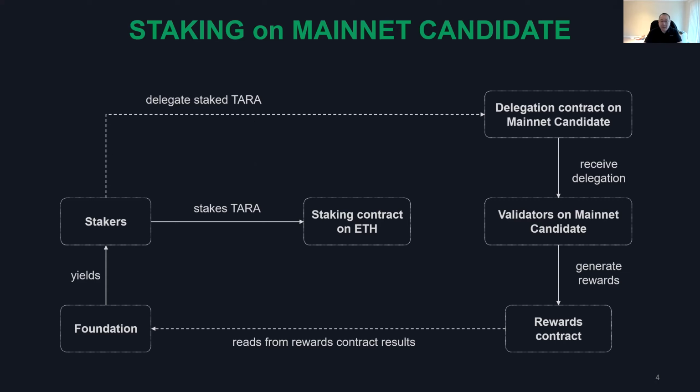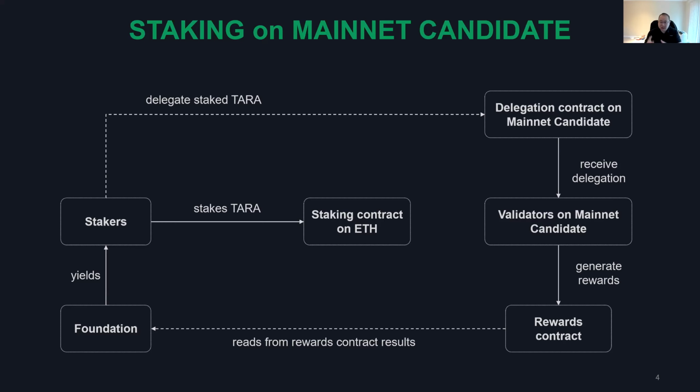But after the stakers have done that, they must now delegate that stake to a node or more than one node. They need to delegate that stake into a validator that is on the Mainnet Candidate, through the delegation contract that resides on the Mainnet Candidate.